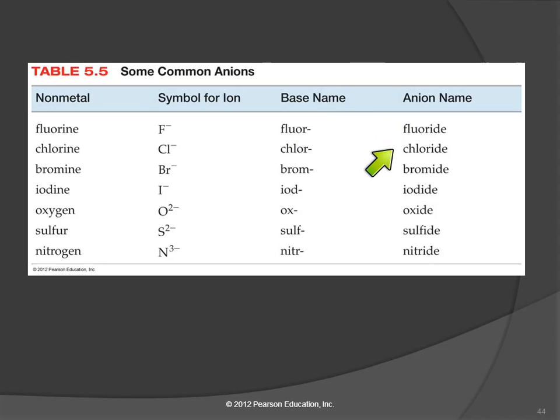So fluoride, chloride, bromide, iodide, oxide. So sometimes we take off just the last part, and sometimes now here we've taken off 2 syllables. Oxygenide would sound really funny, I think, so you'll get familiar with these. Sulfur becomes sulfide, nitrogen becomes nitride, again, because nitrogide, that's silly. So those are what happens with their names.